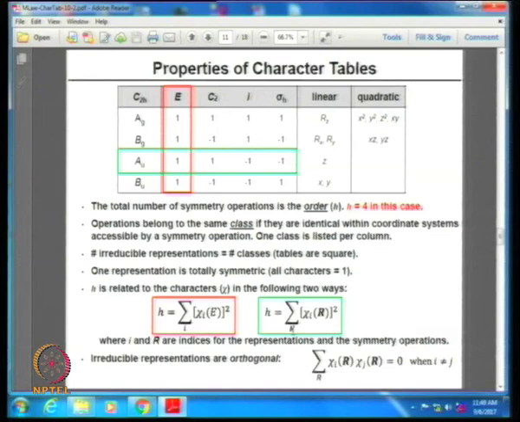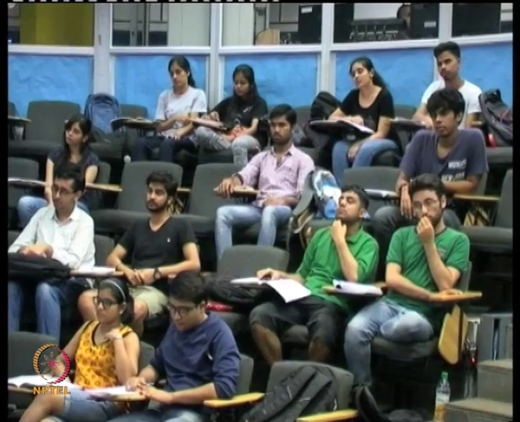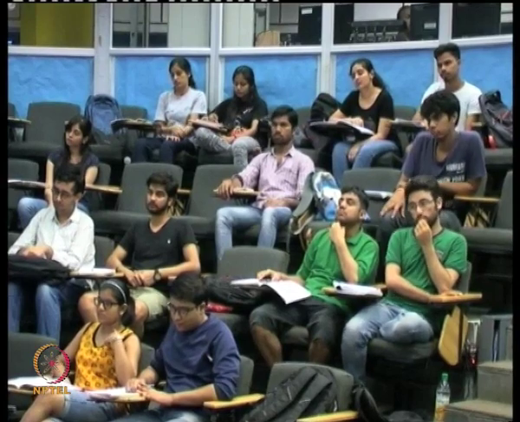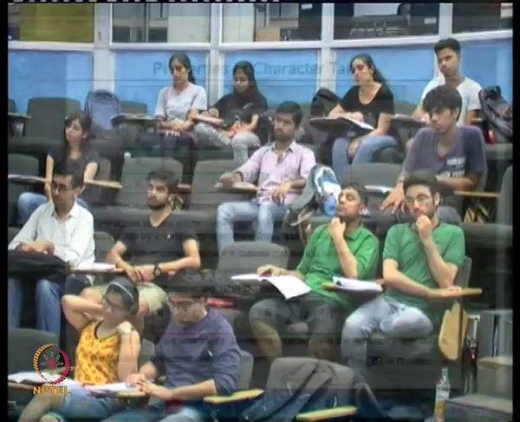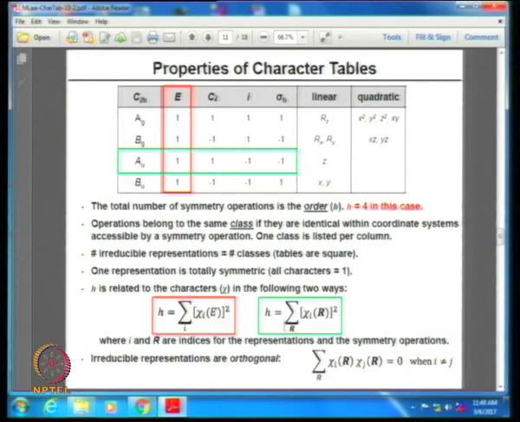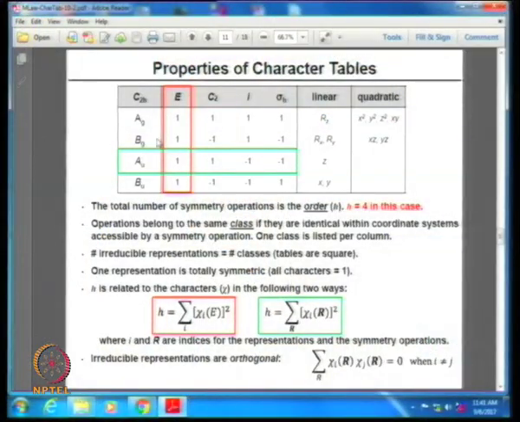We did prove that the sum over all alpha gives you delta_ij. So, if you take the square of that, then you will actually get this result. Here h is the order of the whole group.